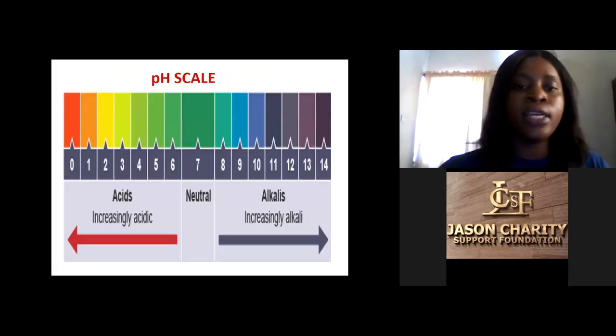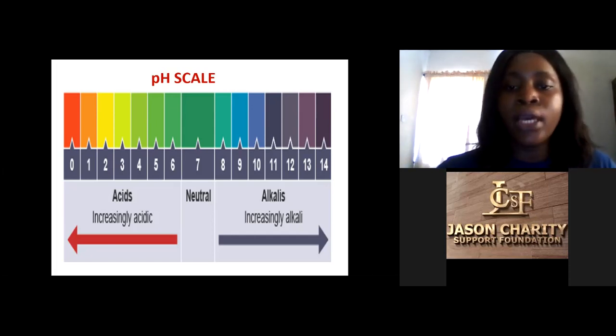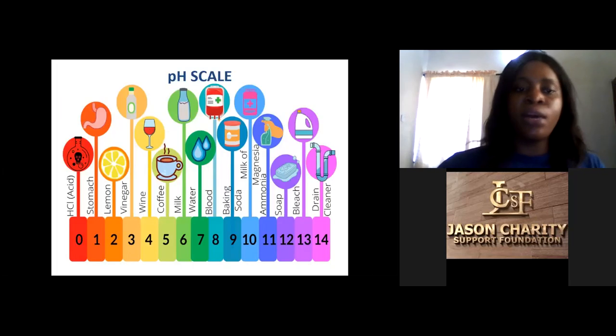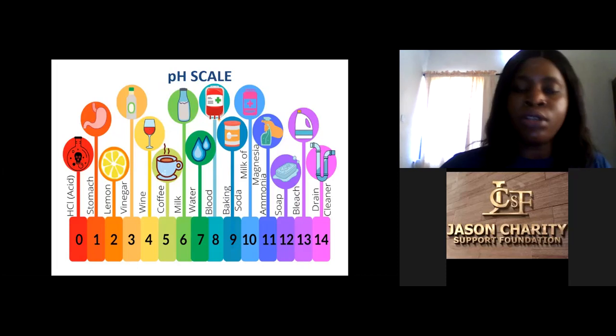Here is a typical picture of a pH scale. As you can see, from 6 down to 0 is an increase in acid, and from 8 up to 14, we have the alkalis and bases increasing. Here we have some substances and their pH values.